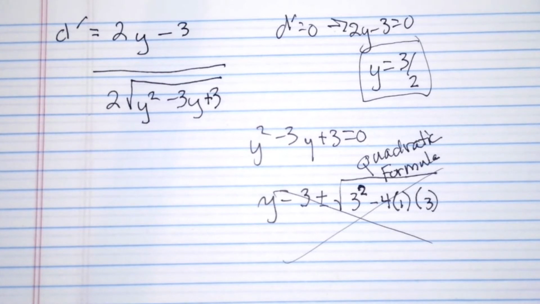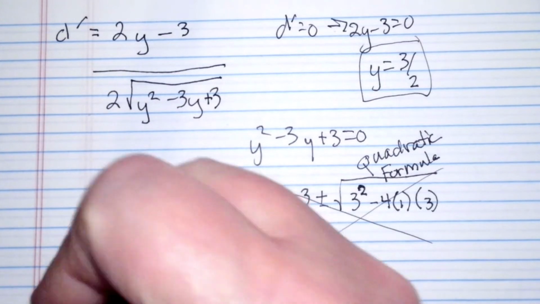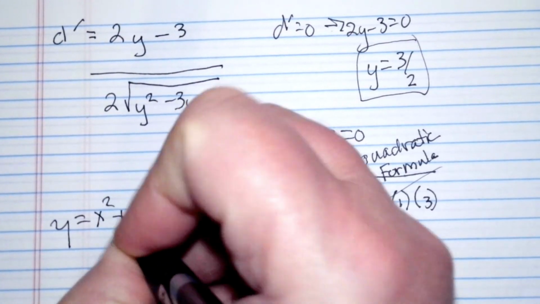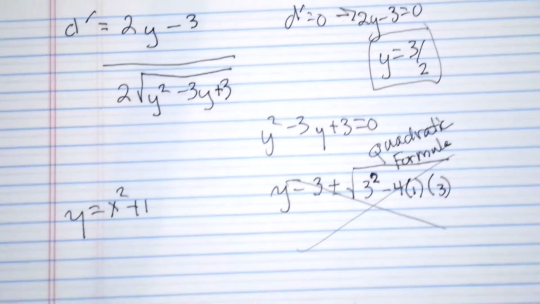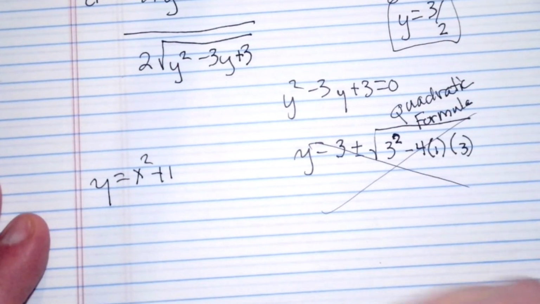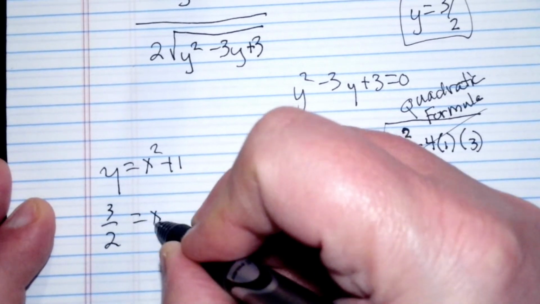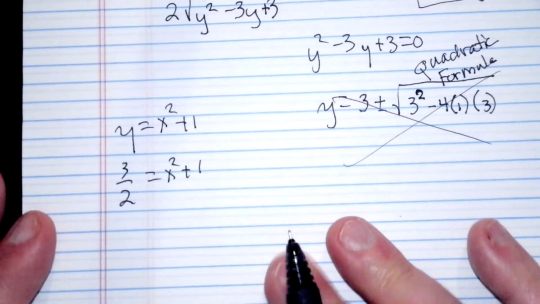Remember that the relationship between y and x is y equals x squared plus 1. So if y is 3/2, 3/2 equals x squared plus 1.